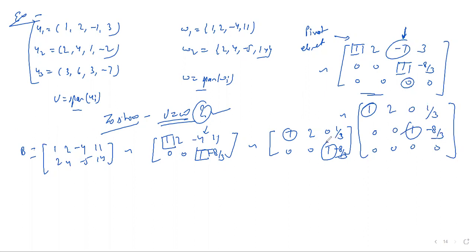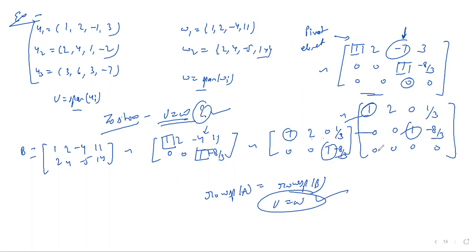These two rows are identical: I have 1, 2, 0, 1 by 3 here, and 1, 2, 0, 1 by 3 there too. These two non-zero rows are equivalent. So from this, the row space of A equals the row space of B. So U equals W.